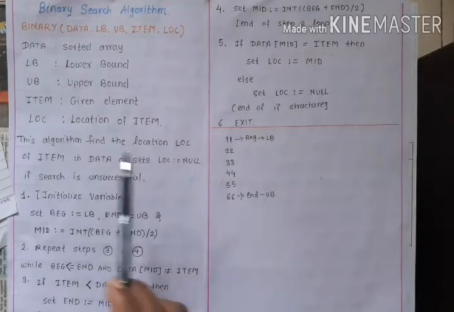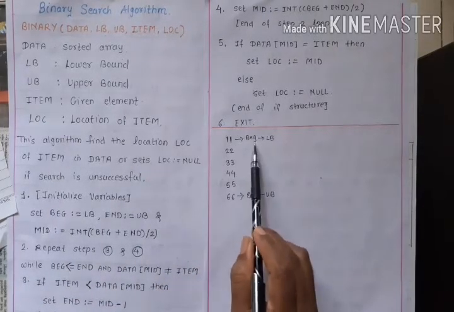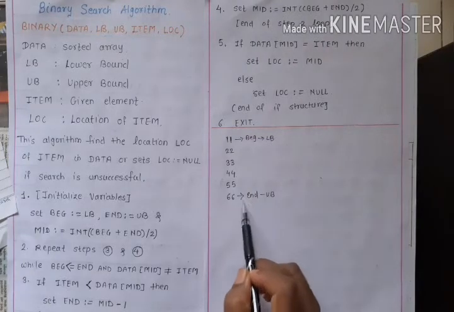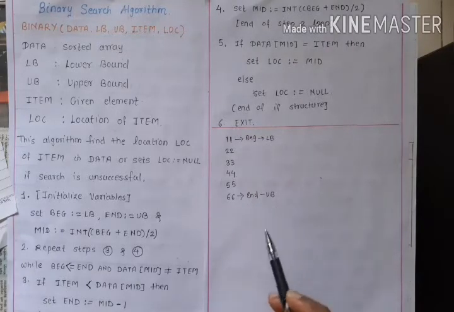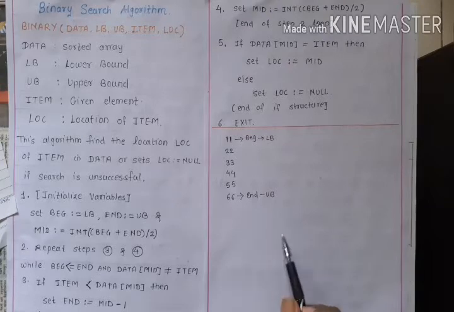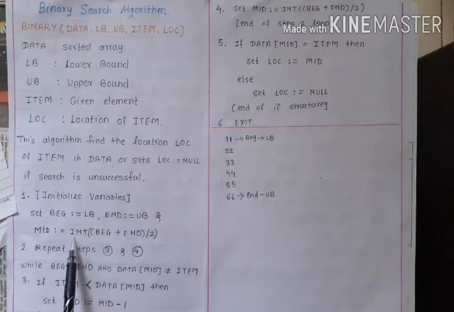Now see here, set the beginning, means lower bound, and set the ending, means upper bound. Once you get the beginning and ending, calculate the midpoint using the formula: mid equals int of (beginning plus end) upon 2. Here int means integer.